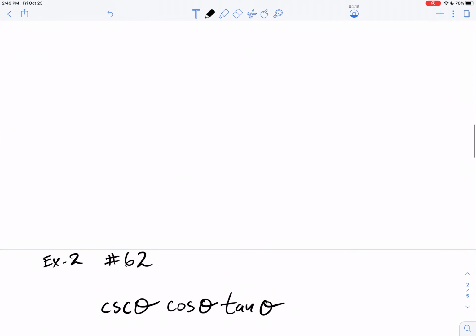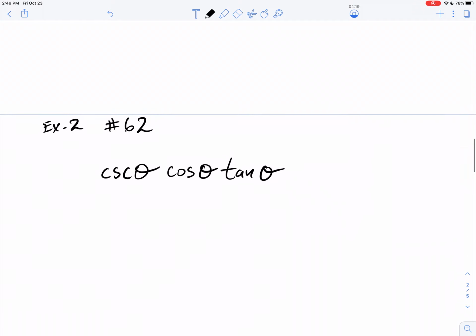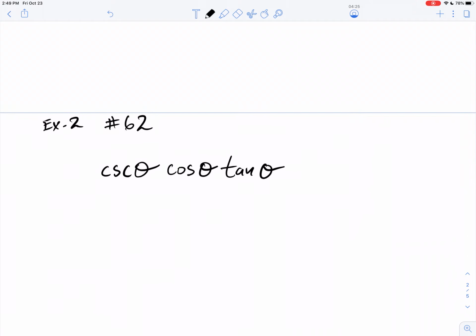My second example is problem number 61 because I want to make sure that you guys get this concept. I am going to rewrite every single thing here with sines and cosines. So this guy right here, cosecant. Remember, that's a reciprocal function. I could rewrite that as 1 over sine theta.